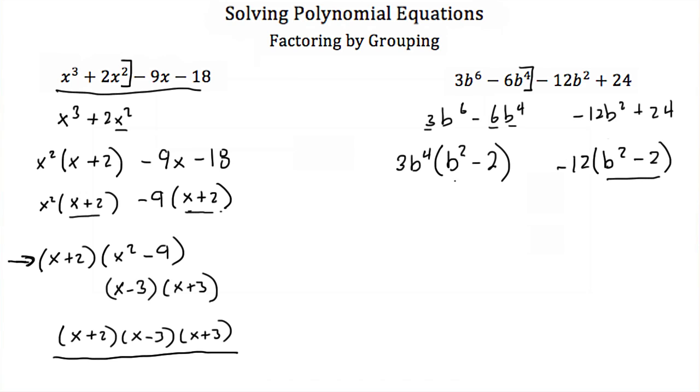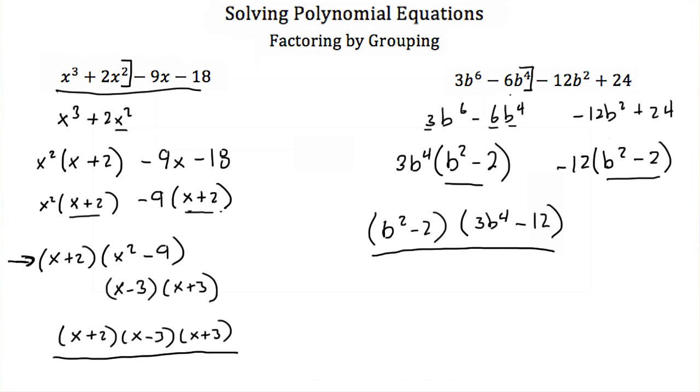So we have the same term here, and we'll factor it out. So we end up with a b squared minus 2 on the outside, and then what's left is a 3b to the 4th minus 12. So here is our factoring of 3b to the 6th minus 6b to the 4th minus 12b squared plus 24.